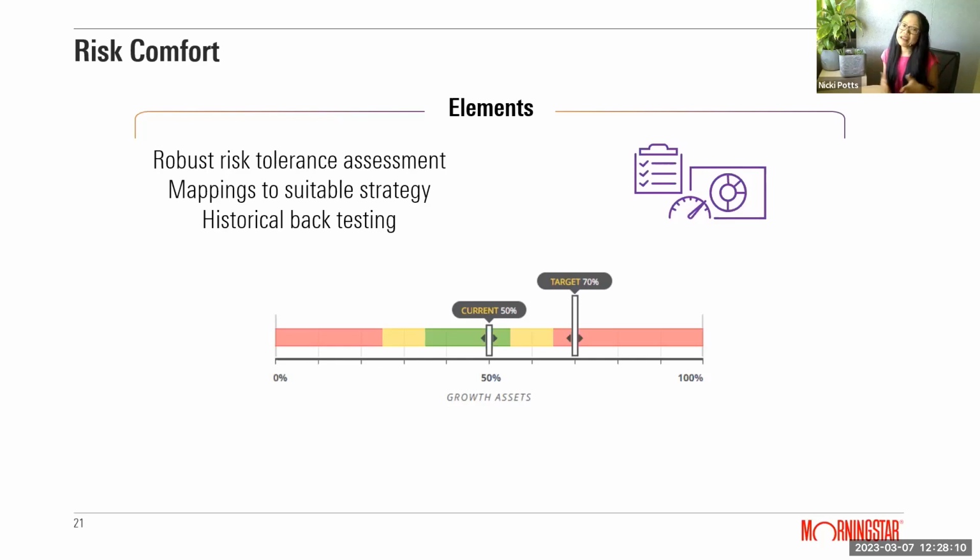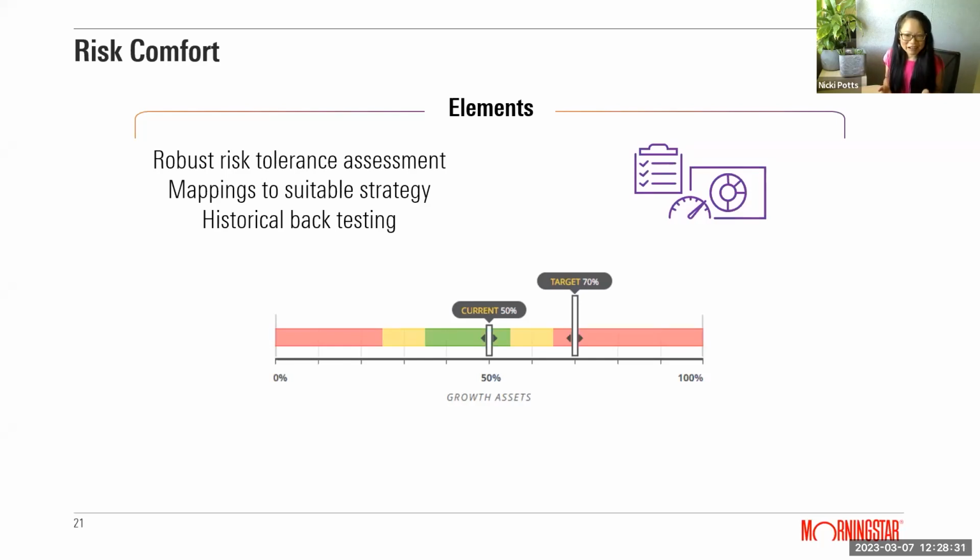Now, by separating these elements, the investor can clearly see A, whether the target strategy is within or outside of comfort, but more importantly, to what degree. So there's a limit to how much can take someone outside of their comfort.